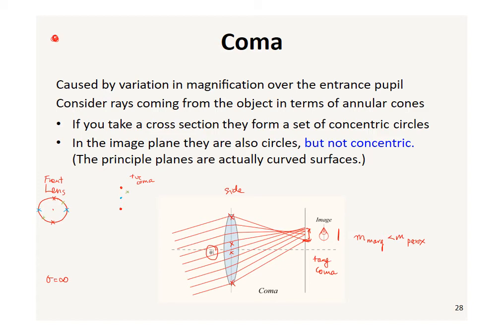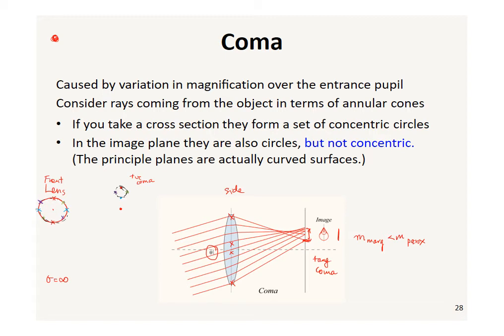And final color, let's choose purple, why not? Rays going through this part of the lens are imaged over here. So you can imagine that the rays that make up this circle are actually imaged into a circle like this.